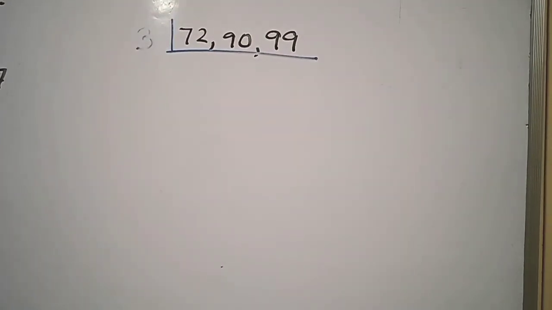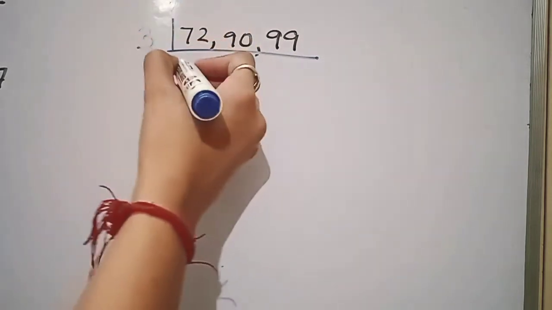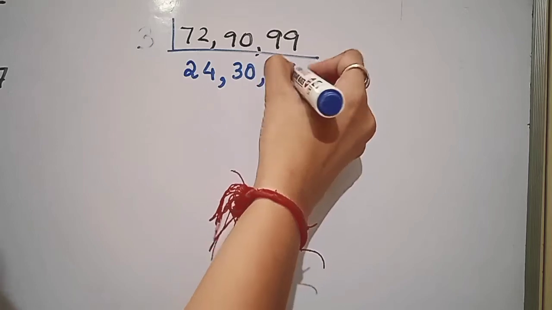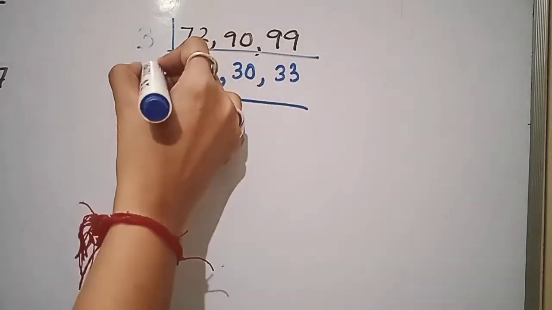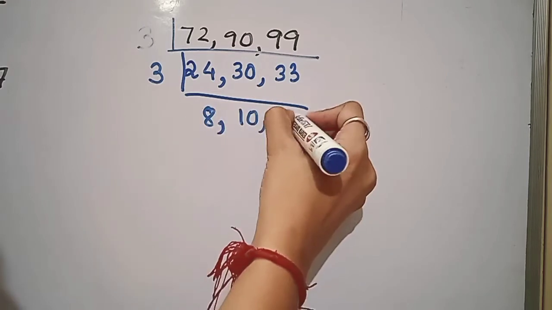If I divide 72 by 3, I will get 24, 30 and 33. Again these numbers can be divided by 3. It will be 8, 10 and 11.